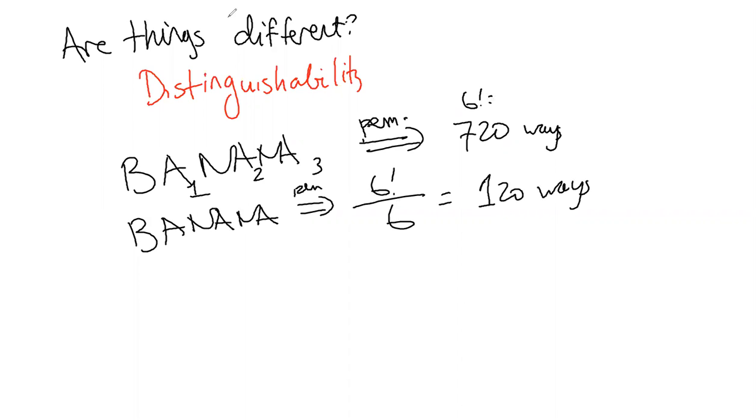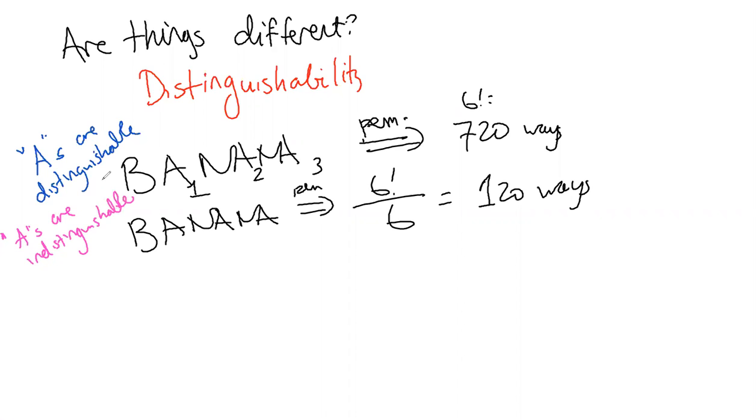And so we see the difference here. Here the A's are distinguishable, because they're different from each other. And in this case, we're going to say that the A's are indistinguishable. So that's how we use the words distinguishable and indistinguishable. That's generally the gist.